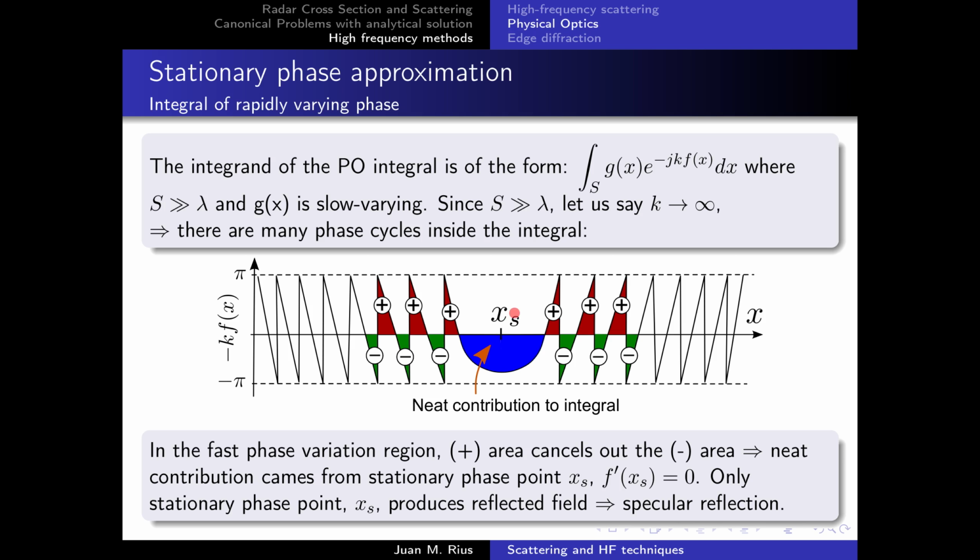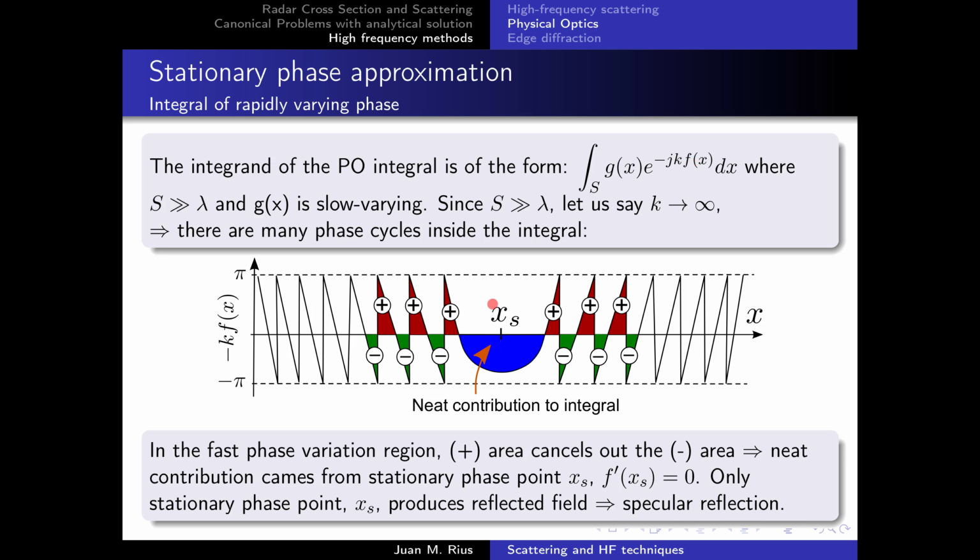So there is some part of the object where the derivative of the phase is zero. Here k times f, or minus k times f, doesn't matter, is the phase of this complex exponential.